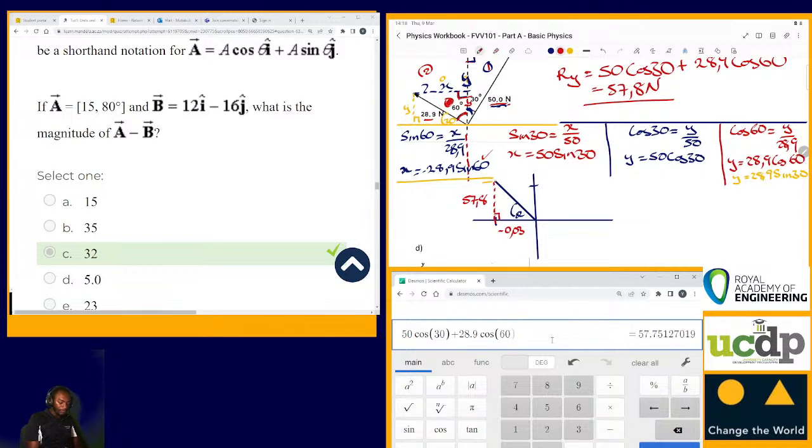To get this angle, we then use our ratios. Tan theta is equals to y over x.